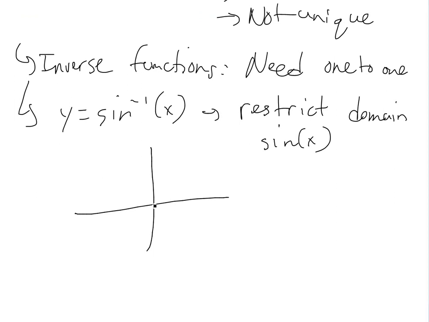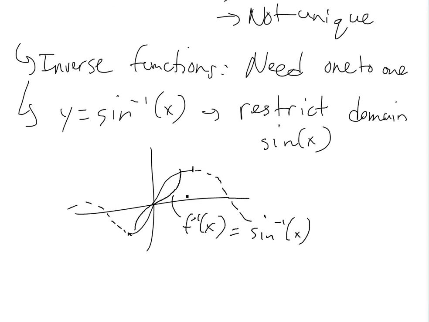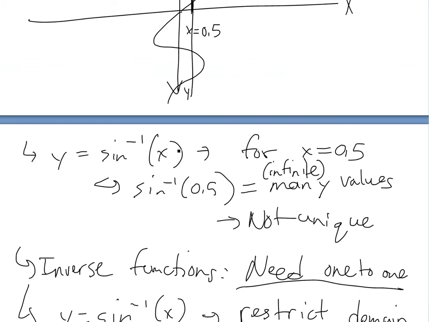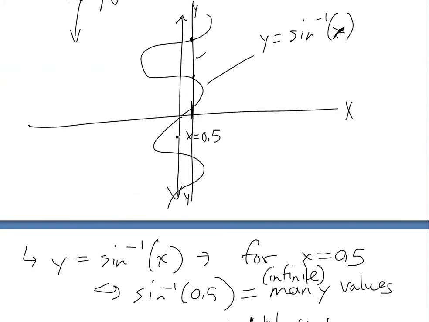Instead of letting it keep going forever, we would restrict it and only look at this one part, and then the inverse is going to be something like this. That would be f negative 1 of x, or inverse sine of x. I'll show in my other video how we get around this requirement of inverse functions to graph inverse sine, inverse cosine or inverse tan.